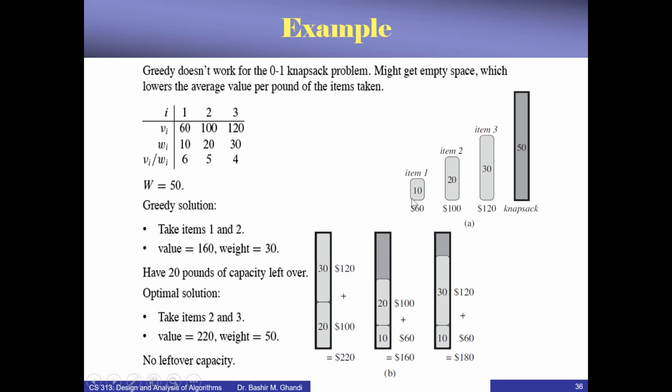So he went with item 1 and the next valuable item is item 2, so he ended up with only 160. The other choice would have been item 1 and item 3. Even that is better than his greedy choice because he will have 60 plus 120, which is 180.